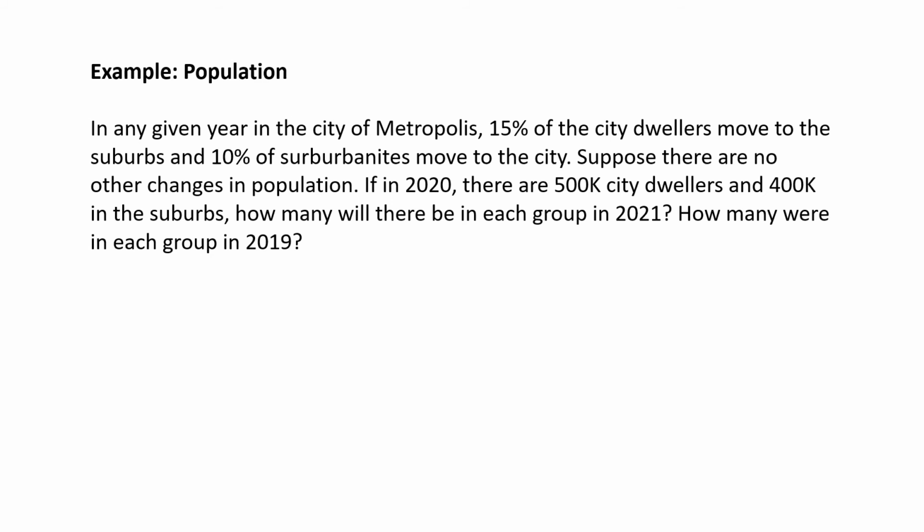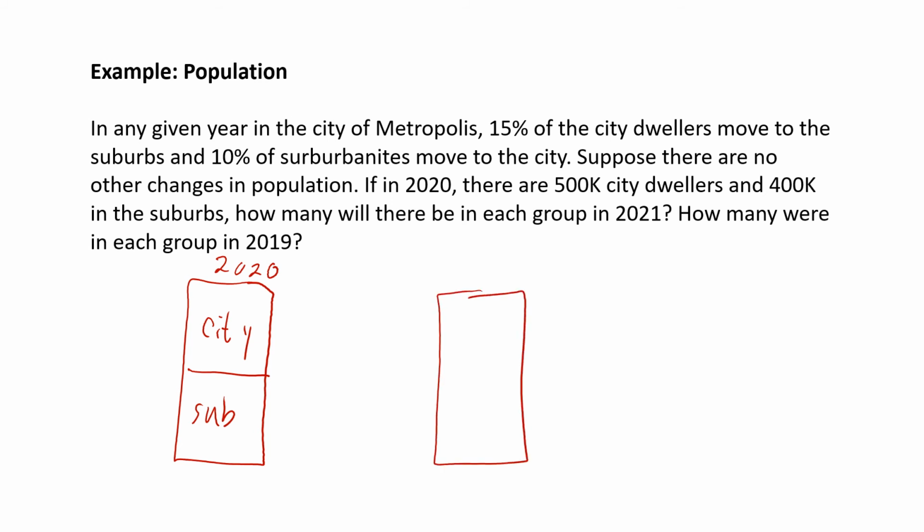So just a bit of a graphical, diagrammatical representation. We have people who live in the core of the city. We have people in the suburbs in a given year. So we started this one in 2020. Every year we have some changes. So over the next year, of the people who are in the city, what happens to them?